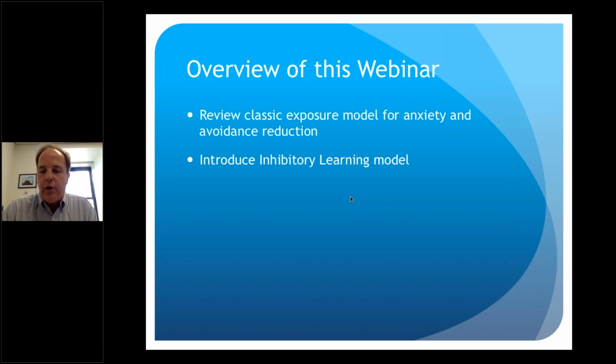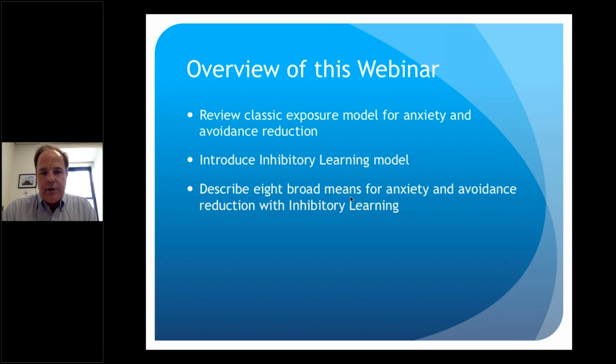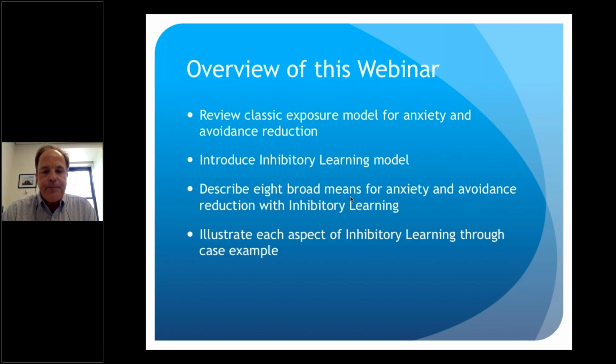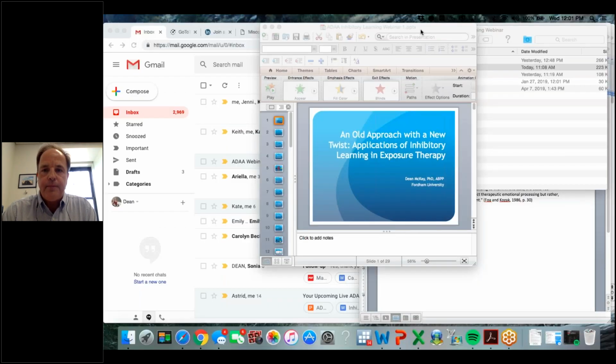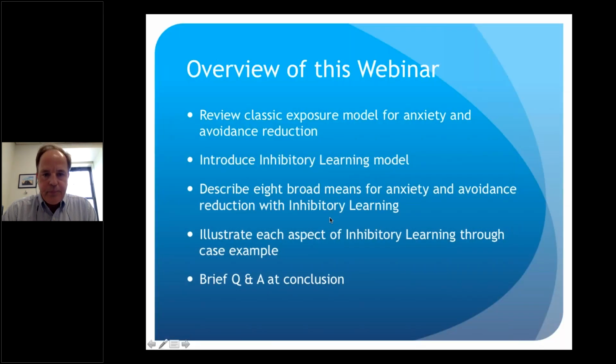I'll introduce the inhibitory learning model and the impetus for its development. I'll describe the 8 broad means for anxiety and avoidance reduction using the inhibitory learning perspective. We're going to illustrate each aspect of inhibitory learning through a detailed case example at the end, followed by a brief question and answer period.